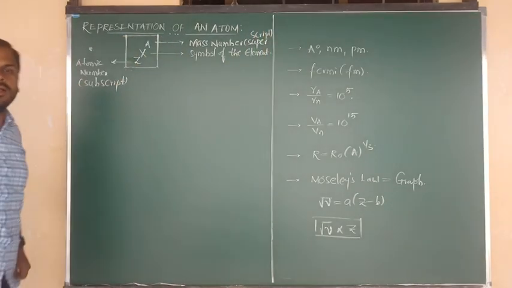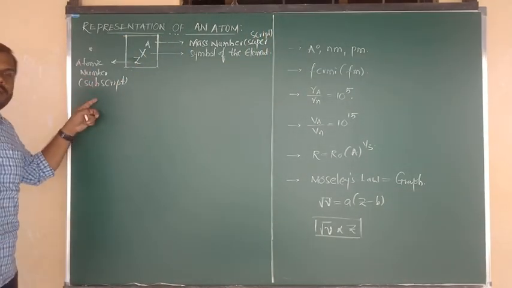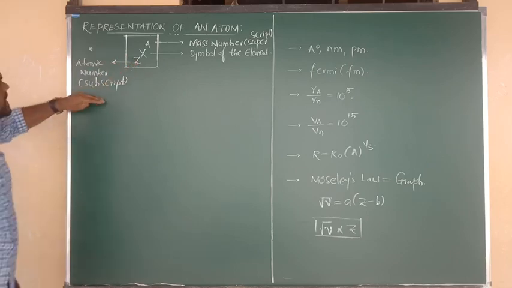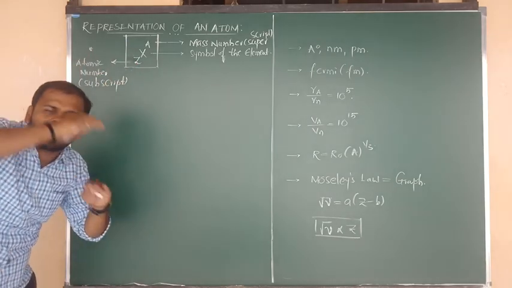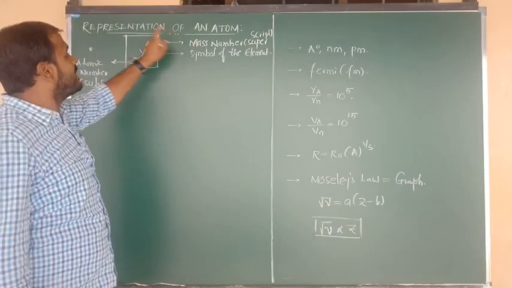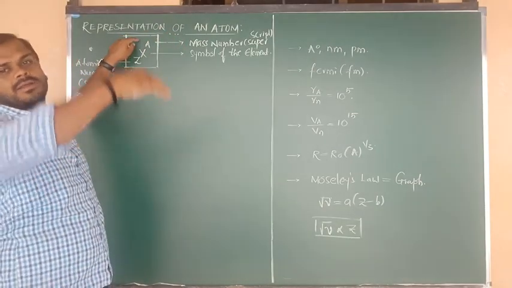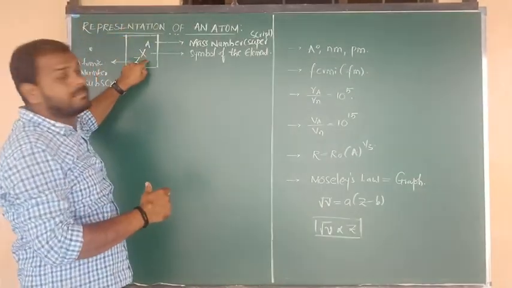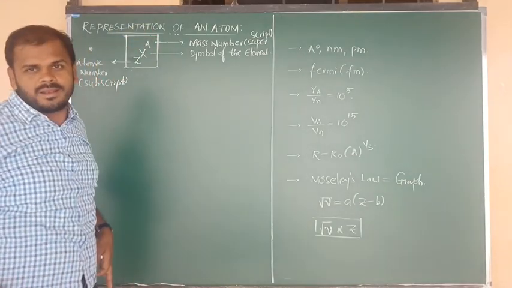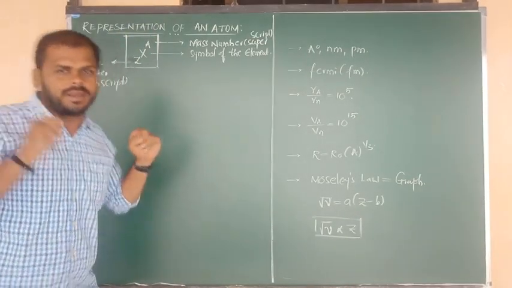So atomic number Z is written as a subscript at the bottom of the symbol, and mass number A is written as a superscript at the top of the symbol. These two things you have to remember.